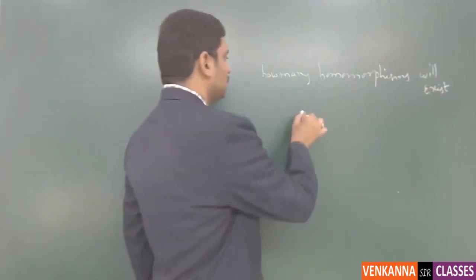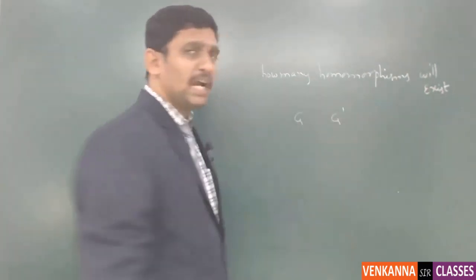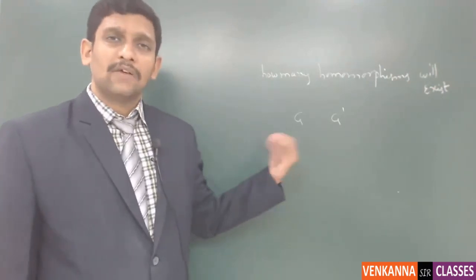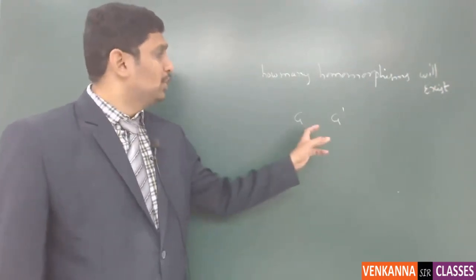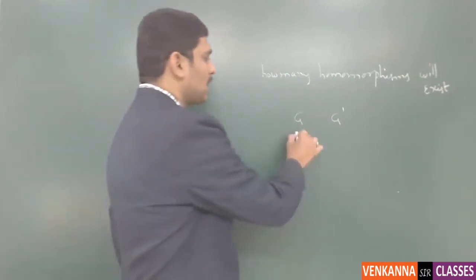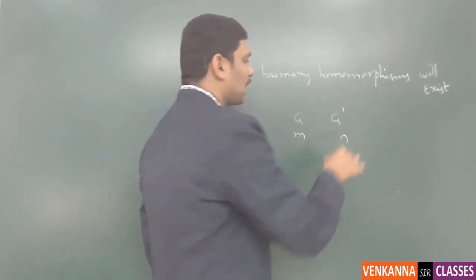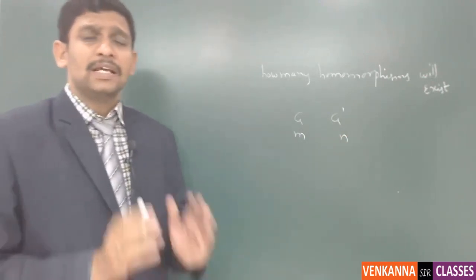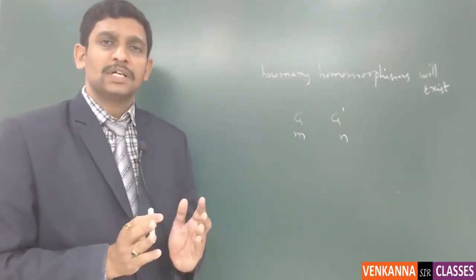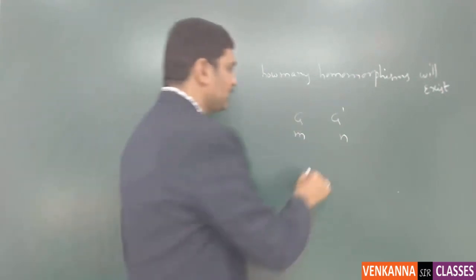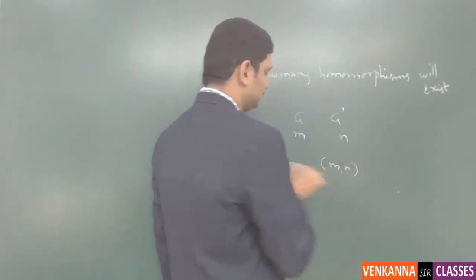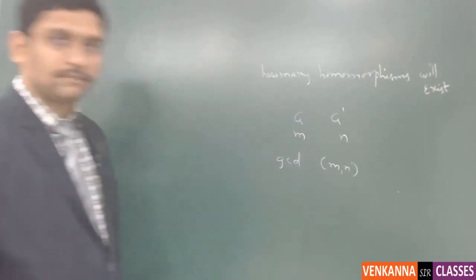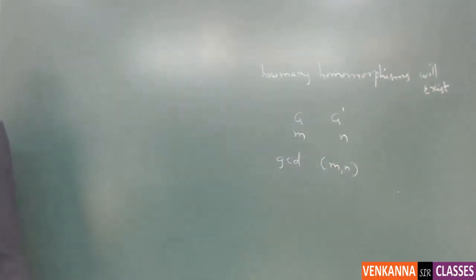If you take two finite groups G and G dash and you know their orders, say order of G is M and order of G dash is N, then the number of homomorphisms that exist between these two is GCD of M comma N. Take a note of it. The number of homomorphisms between the two groups is the GCD of their orders.